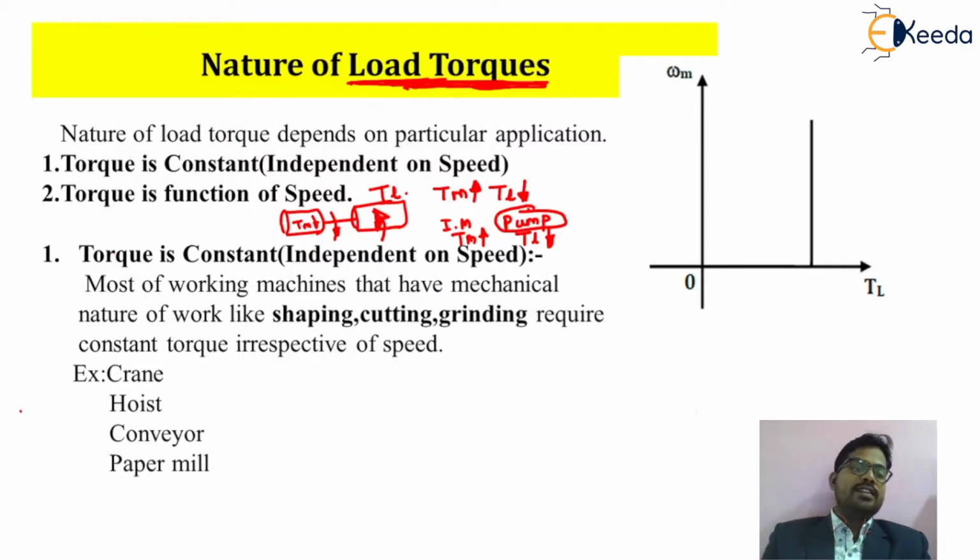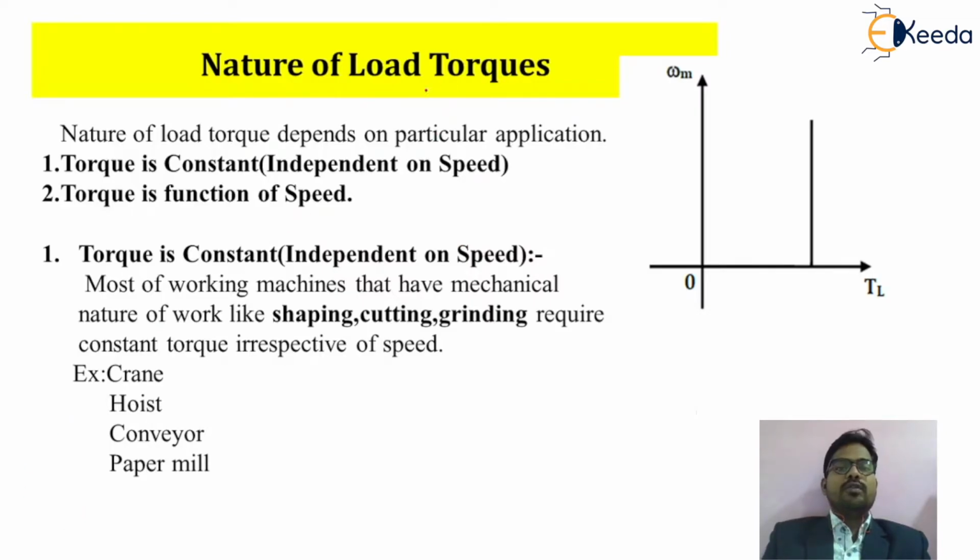Now we can understand the basic concepts of the nature of load torque. I think everyone has got a clear idea of what load torque means. Basically, the nature of the load torque depends on the particular application. In industry there are n number of types of applications for your drive, for your motor. So the nature of load torque depends on a very important parameter, that is, the nature of its application.